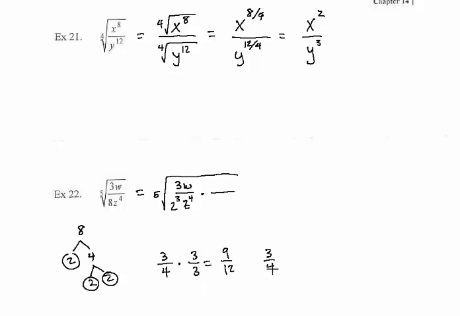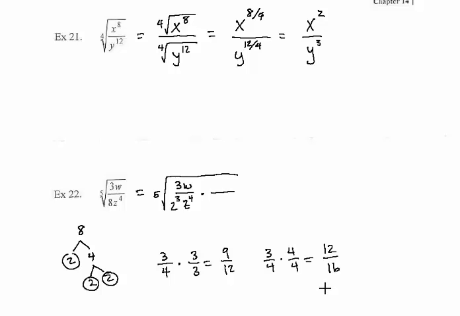I could take 3/4 and I could multiply it by 4 over 4. Anything I want to, as long as I multiply the numerator and denominator by that same number. I get 12 over 16. Okay, you put this in your calculator, you'll get 0.75.